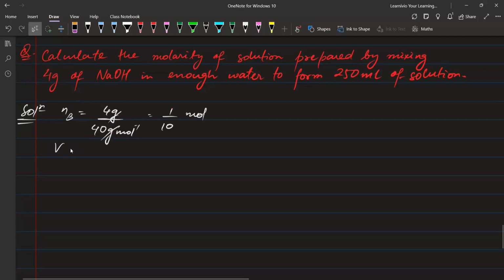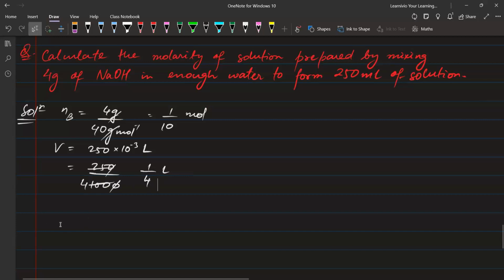Now I will calculate the volume of solution, which is given as 250 mL. M means 10 to the power minus 3, and I have this in liters now. So it is going to be 250 divided by 1000. You can simplify a bit, and I will get this as 1 by 4 liters.